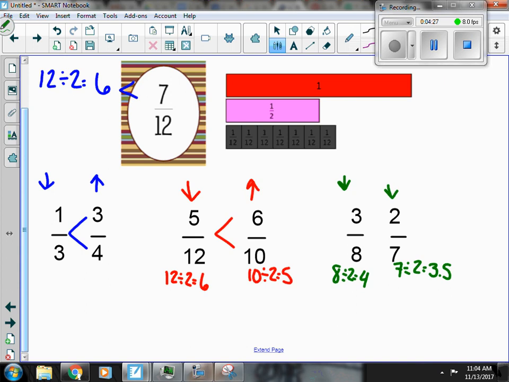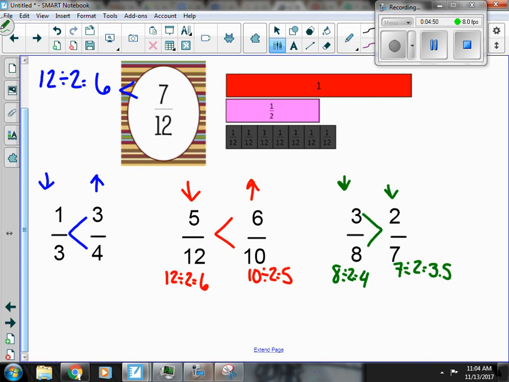So this one doesn't quite work for that way, so we would have to go back and put them on a number line or draw a picture. In this instance, I can also see that 2 is 1.5 away from 3.5, and 3/8 is only 1 away from half.